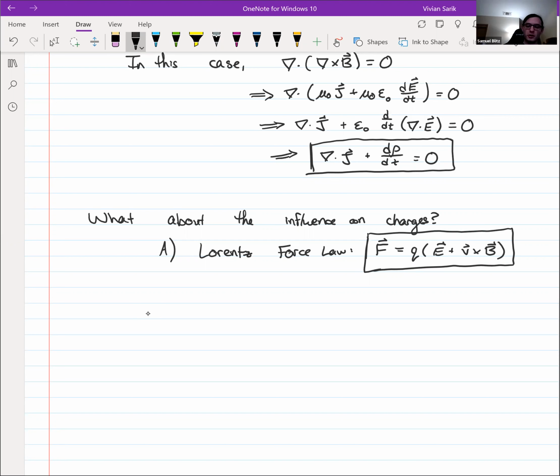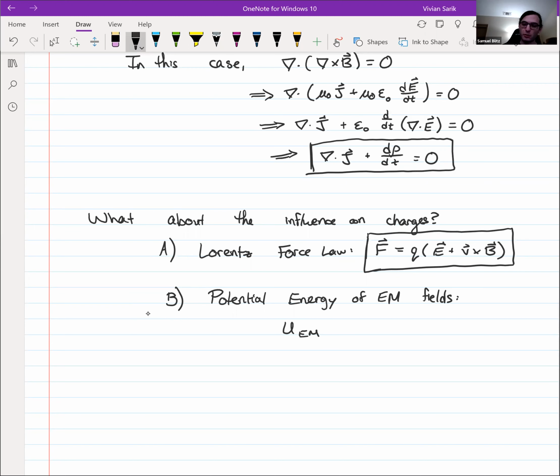Alternatively, you could also just specify the potential energy of the EM fields. So rather than specifying a force, you can specify the energy that the fields have, which will tell us how much energy charges will have in different places.